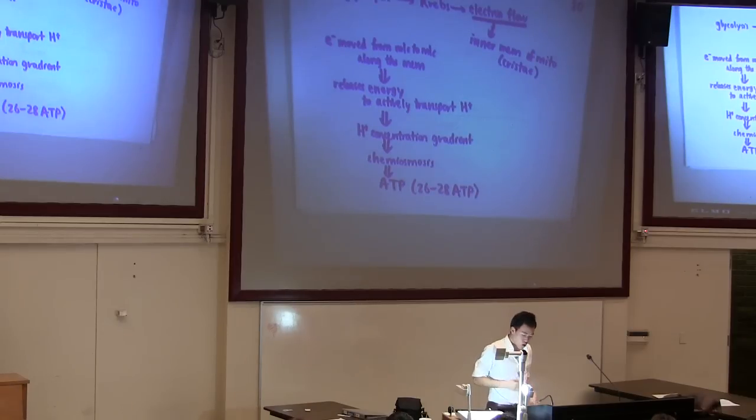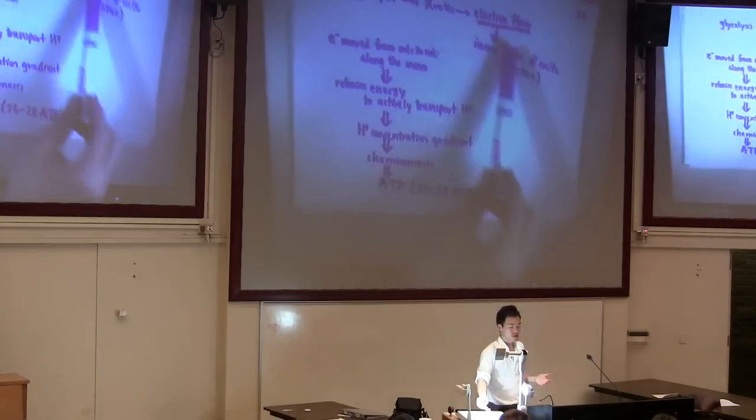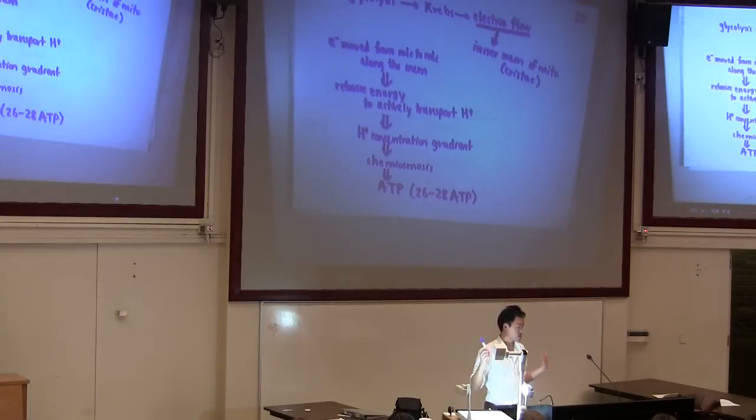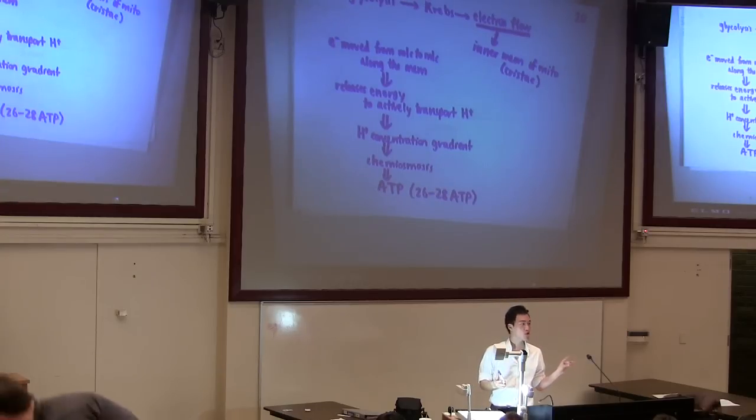Okay, so that's a lot more energy. If you can do aerobic respiration, you do 2 plus 2 plus 26, 28, that's like 32 or something. That's a lot of ATP. So that's way more than anaerobic respiration that only produces 2.